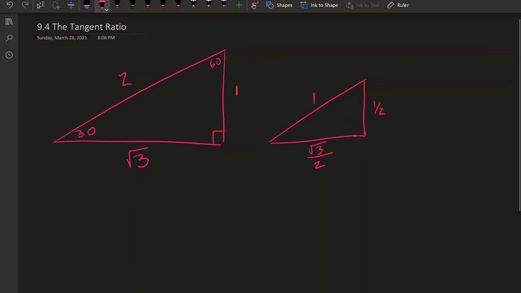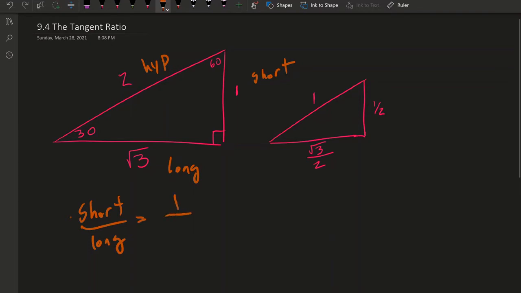Now, what we're doing here is memorizing the ratios between the sides. So if I have the short side, the long side, and the hypotenuse, I could say that I have a short to long ratio, and that would equal 1 over the square root of 3, and that would always be the same no matter what 30, 60, 90 triangle I'm talking about.